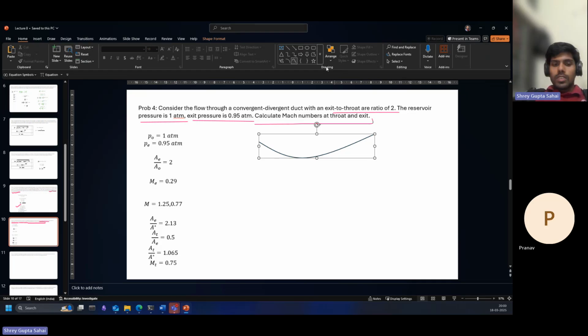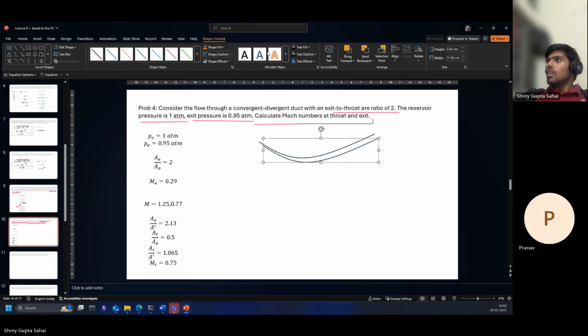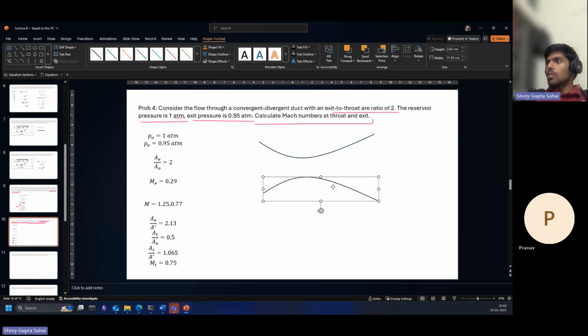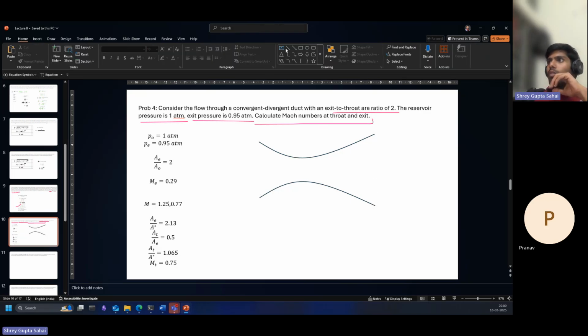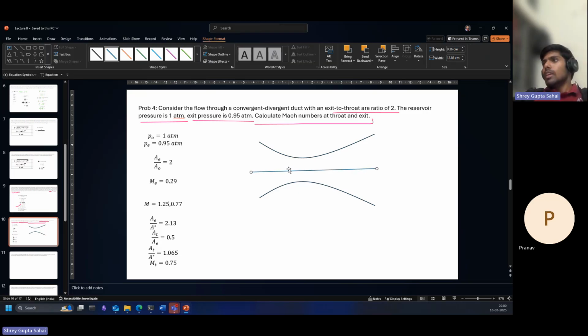So this is the situation, right? We know the entirety of the flow is subsonic. Now, as the area changes, we know A star is not going to change.